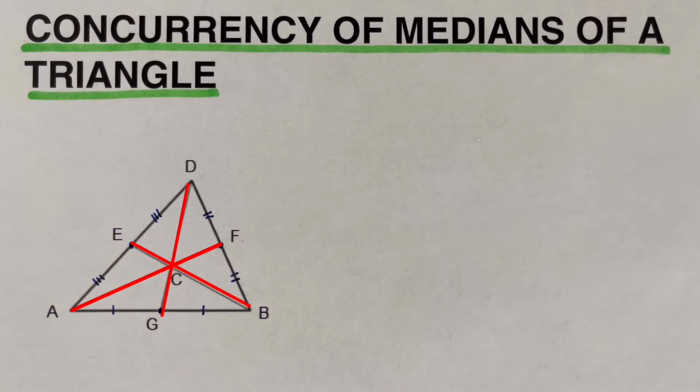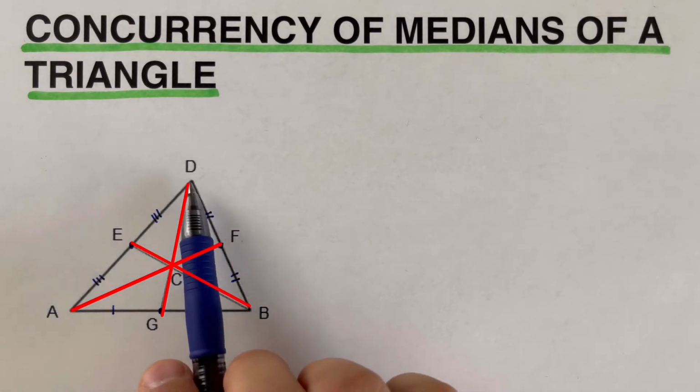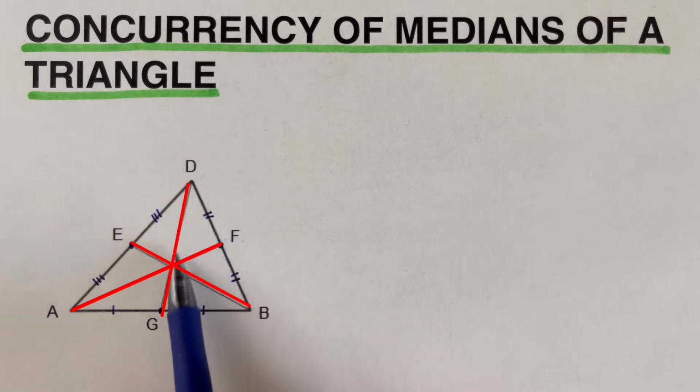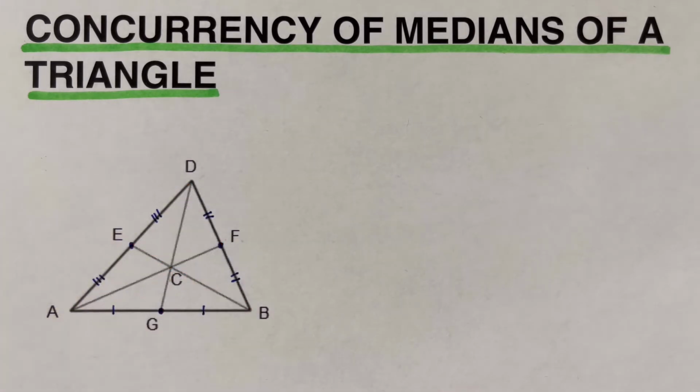In this part, we will be focusing on the length of the line segments, which is the median. We remember that the medians of a triangle intersect at a point that is 2/3 of the distance from each vertex to the midpoint of the opposite side.